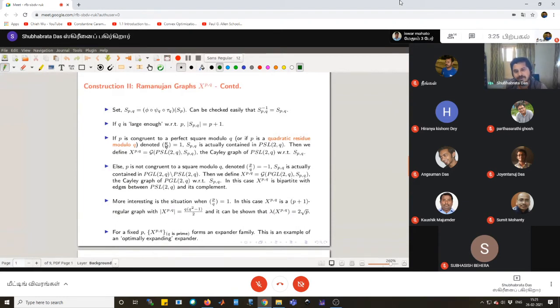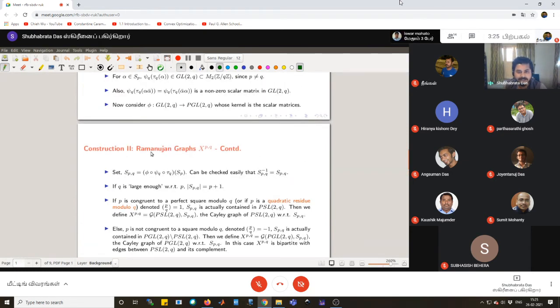If P is congruent to a perfect square modulo Q, then that calculation itself would show that this set is actually contained in PSL2Q. We apply phi at the end, so we get it here, and we can check that if P is congruent to a perfect square modulo Q, then this set is contained in PSL2Q instead of PGL2Q. It's contained in a smaller subset.